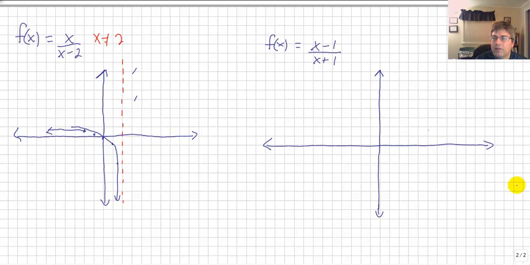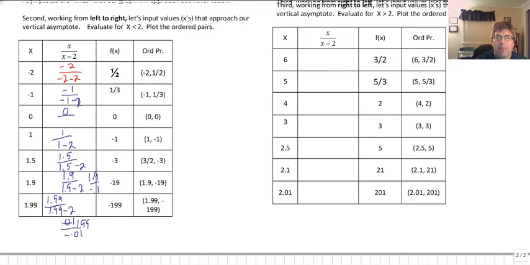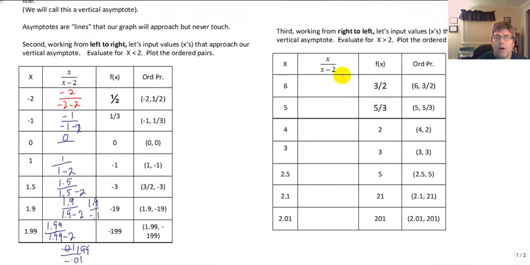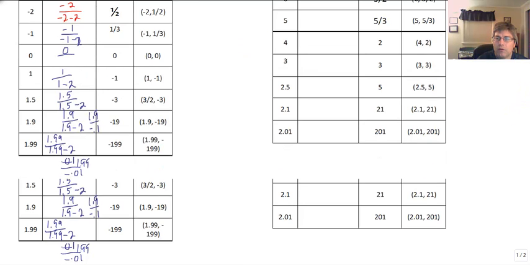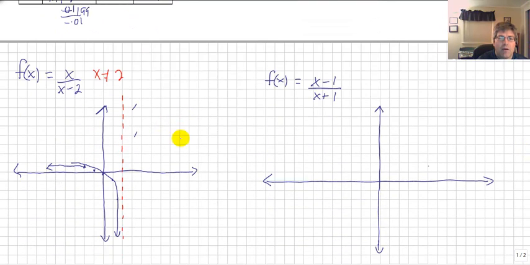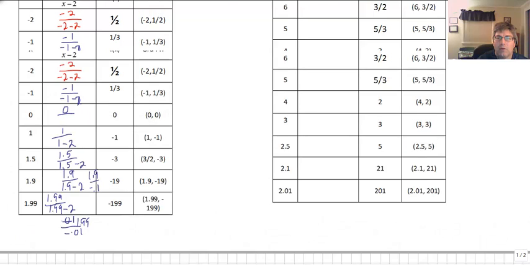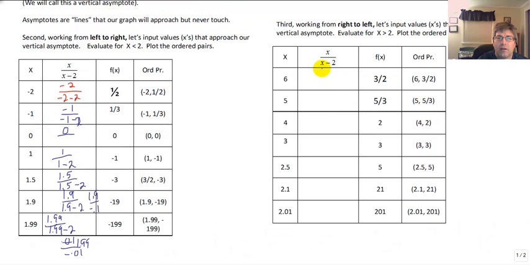And now let's take a look at x's approaching from right to left. So we're going to approach our graph from the right, and we're going to work our way this way and see what happens. We're going to close in on our asymptote and see what our behavior is.